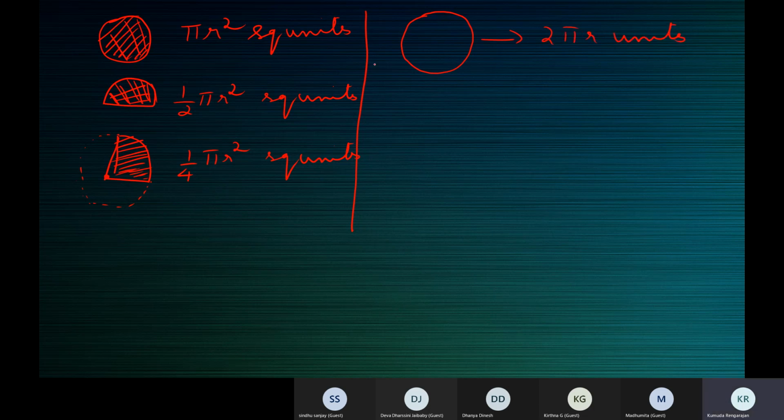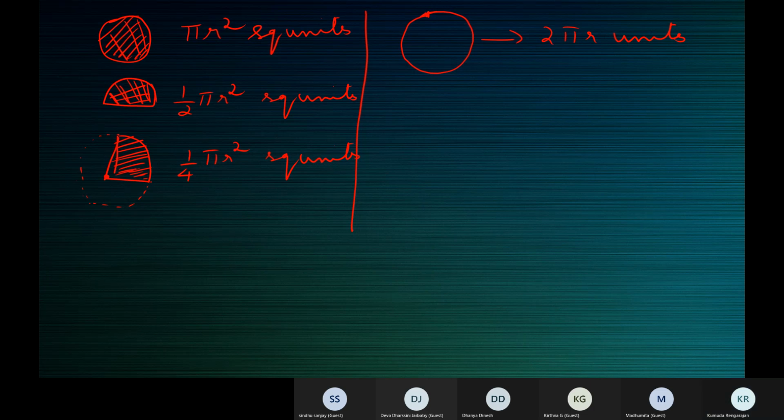If you cut it and stretch it, like a bangle or something circular, you straighten it up and measure its length using a scale, what length will you get? That is calculated using the formula 2 pi r units. Is that okay?